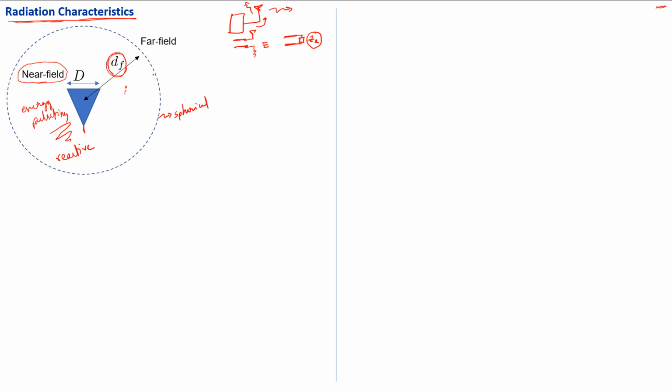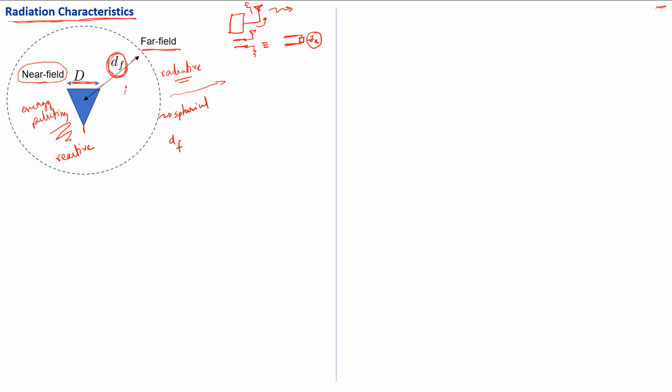Whereas any point beyond DF is what we call the far field, where the energy is radiative. That means it's propagating in a certain direction. This DF depends on the type of antenna that we are looking at.